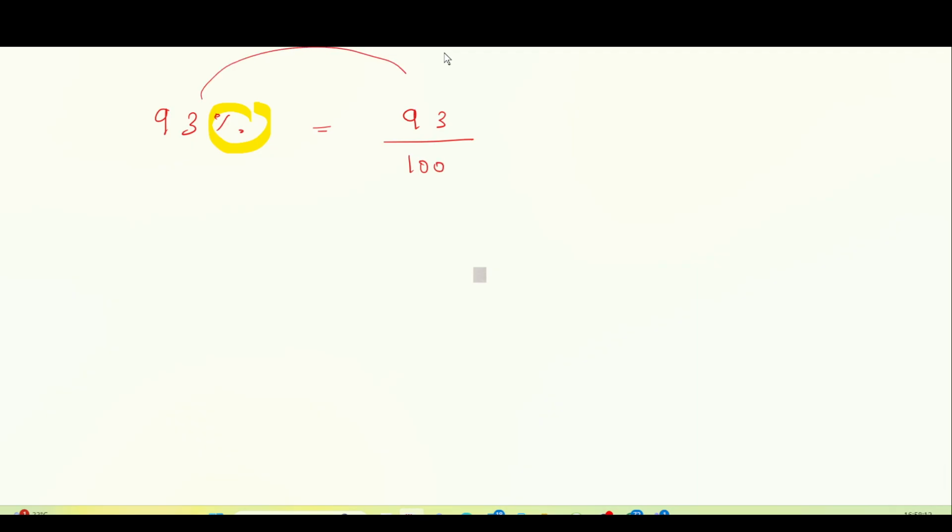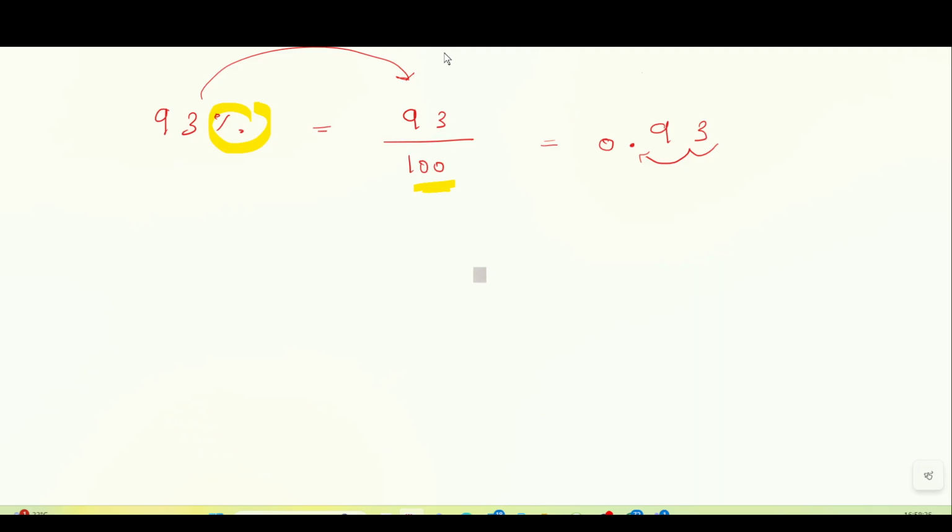This is how we convert a percentage into a fraction. Just remove the sign and put 100 in the denominator. That's it. And to convert it into a decimal, just write 93. There are two zeros in the denominator, so after two digits you will put a decimal here, and the answer is 0.93, because we are dividing. That's why we are moving towards the left.